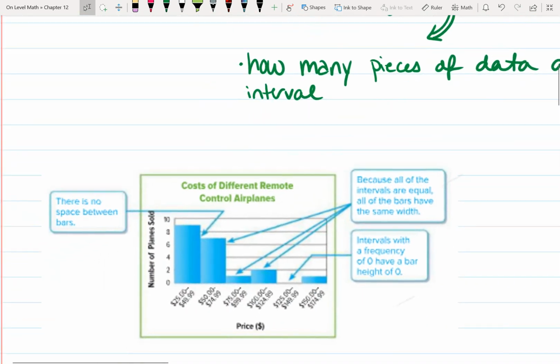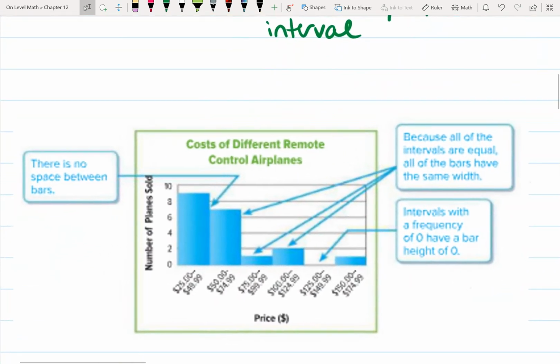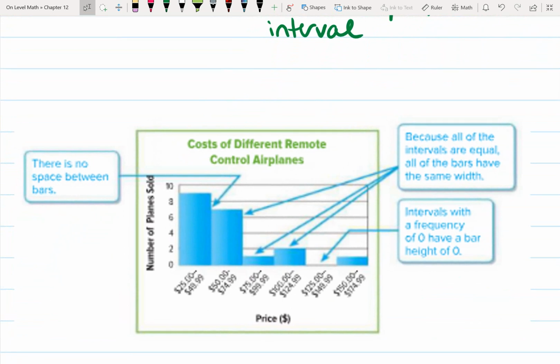So let's look here. So cost of different remote control airplanes. First off, let's say there's no distance between the bars, right? Usually in a bar graph, there would be distance between each of these, but there's not. And look down here at the bottom, it's ranges.